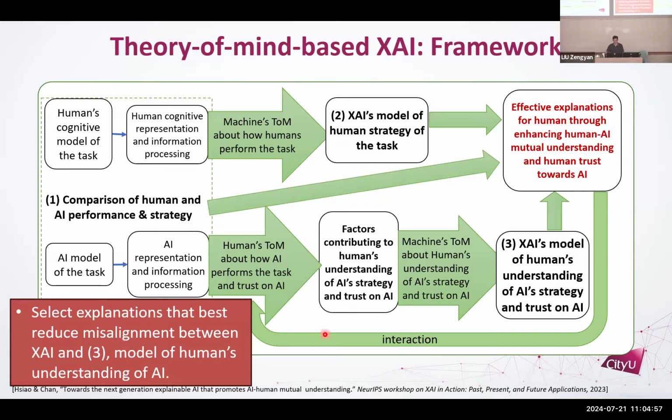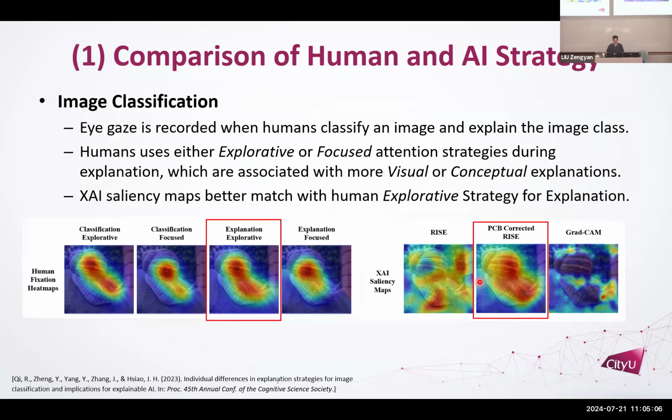So this is the overall framework, and we have some ongoing, recent works in each of these pieces. The first is a comparison of human and AI strategy for detection. We ask human participants to do a detection task, and there are basically two types of strategies.